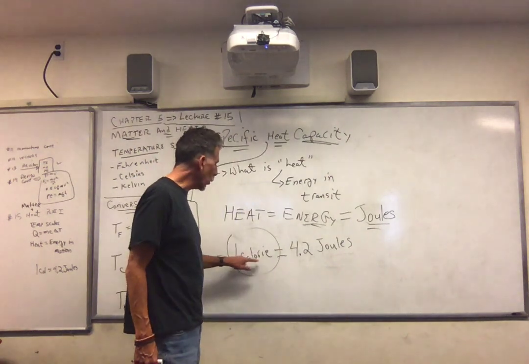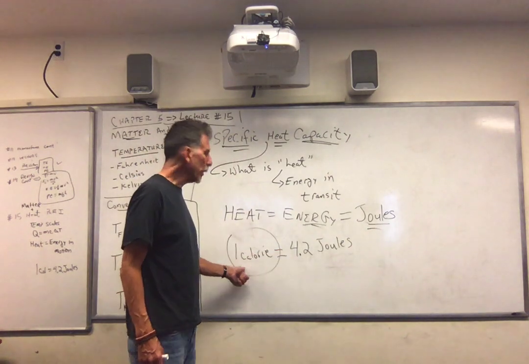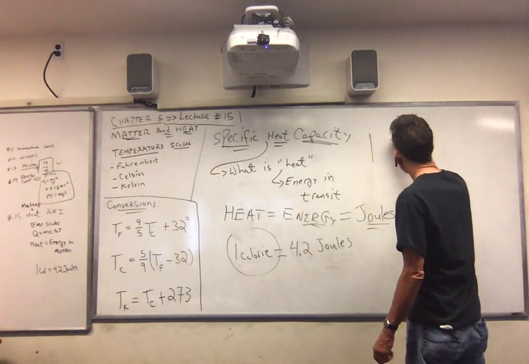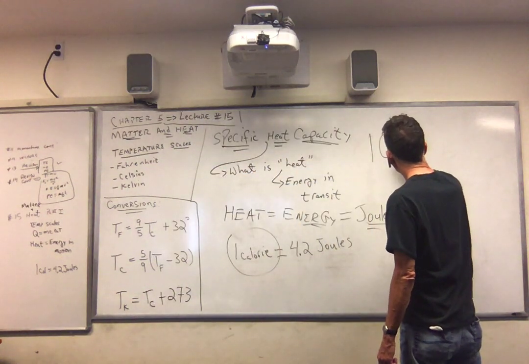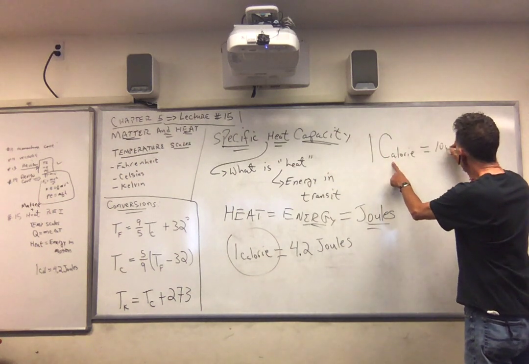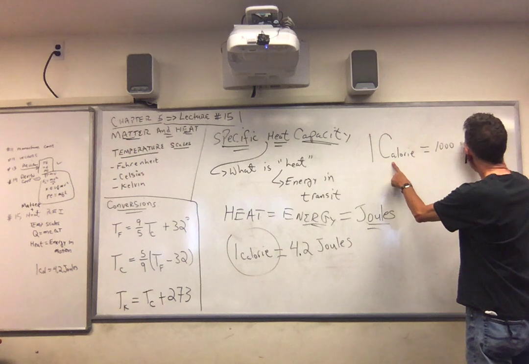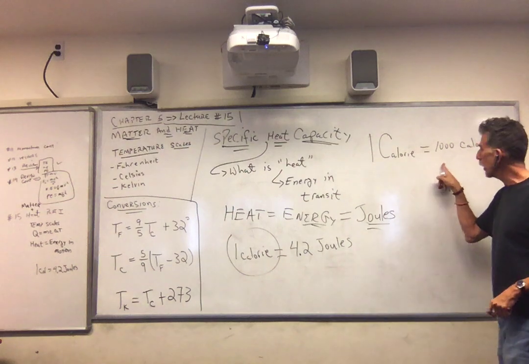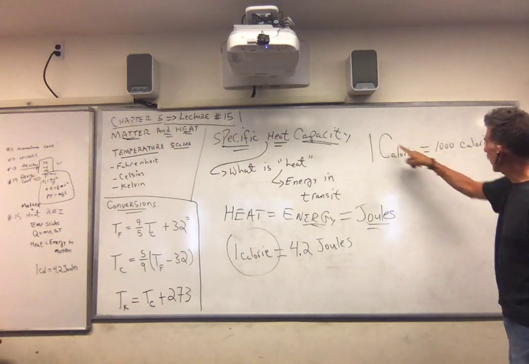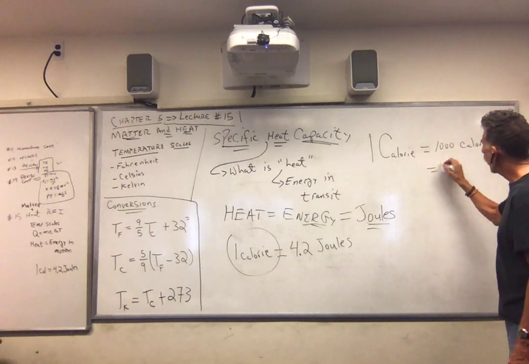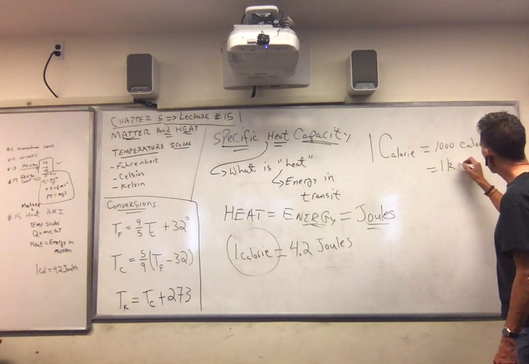Now I said small c is this. What is 1 calorie with a capital C? 1 Calorie, I made it very big, is equal to 1,000 calories. Sounds strange, doesn't it? 1 calorie with a capital C is equal to 1,000 calories with a small c, or 1 kcal.